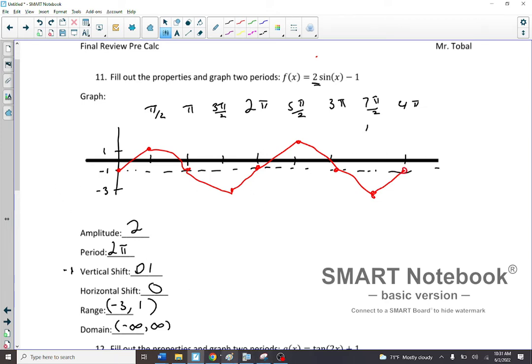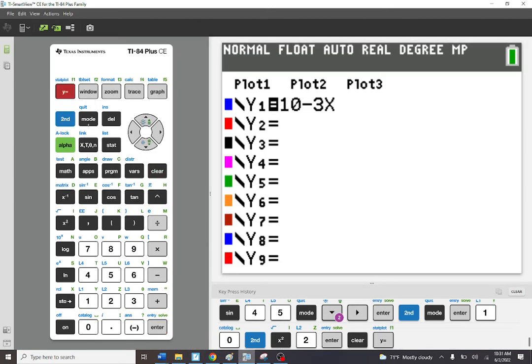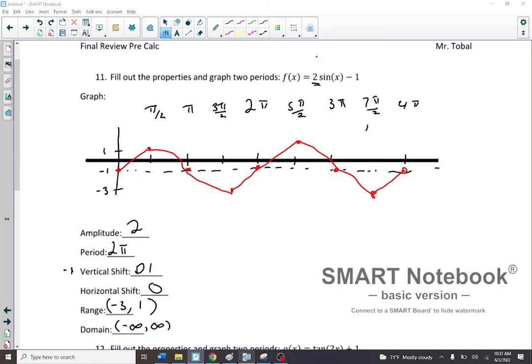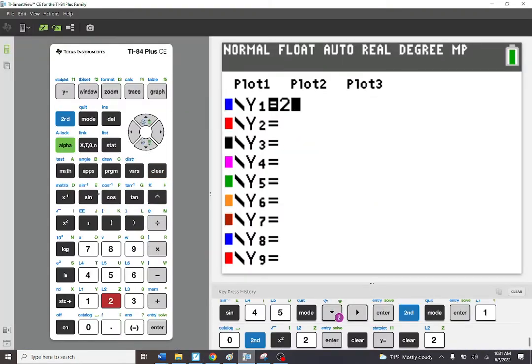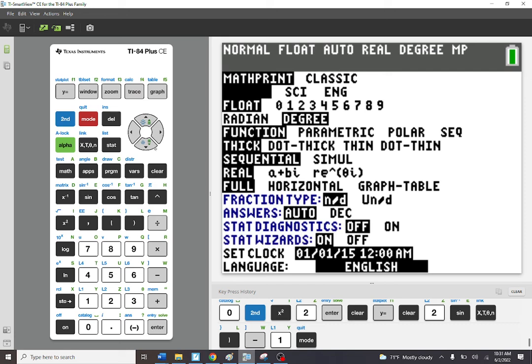Now, to use a calculator to help you out with that, we're going to go to y equals. And it was, let me just look again, 2 sine x minus 1. I would say put the mode in radians just to be careful.